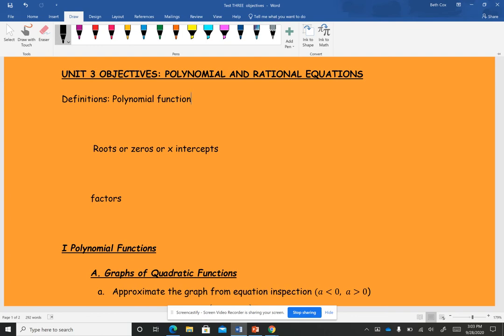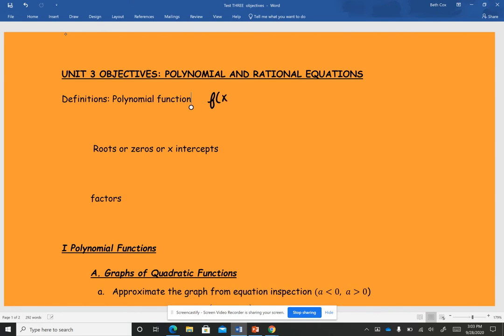But here's what a polynomial function might look like. 4x to the 6th, minus 7x to the 5th, plus 8x minus 2. Okay, so this is a polynomial function. It has degree of 6. And again, the 6 is coming from the highest power of x.